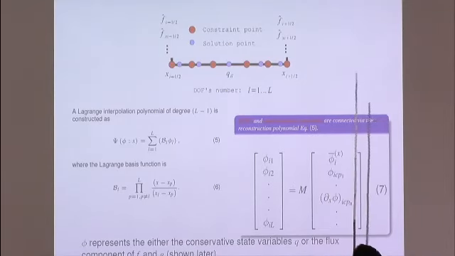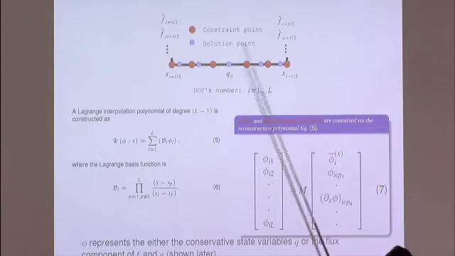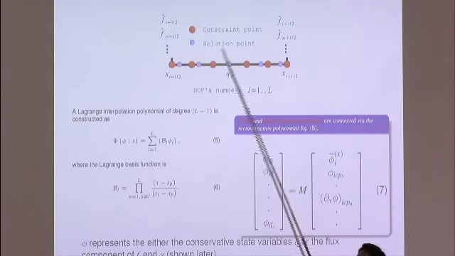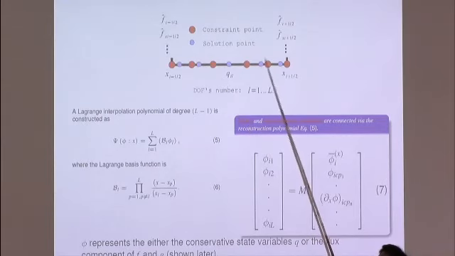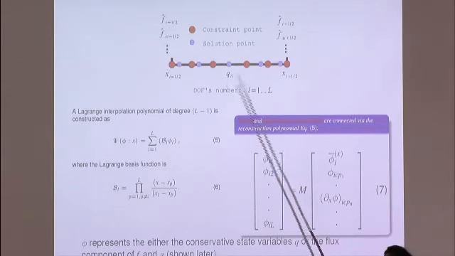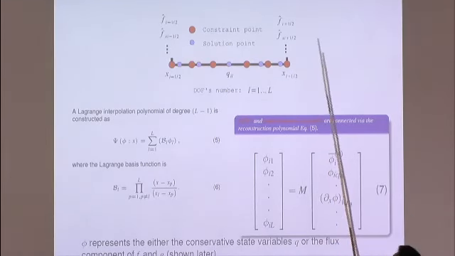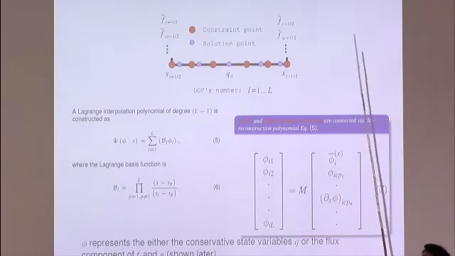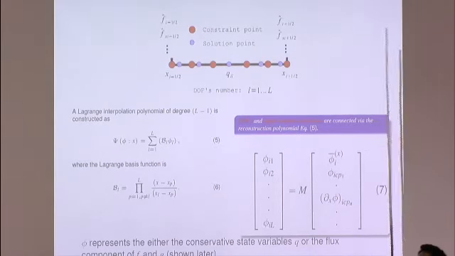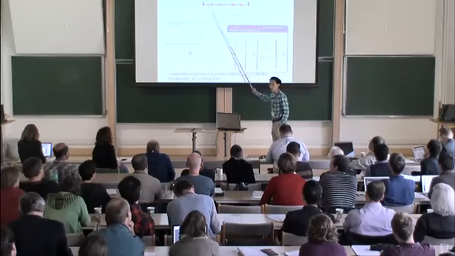Here I want to say that our solution point is very flexible, not limited to Gauss points or Gauss-Lobatto points. In this study, I just use equidistant points. In our opinion, the solution point plays a less sensitive role in our multi-moment method, but the constraint condition is very important.